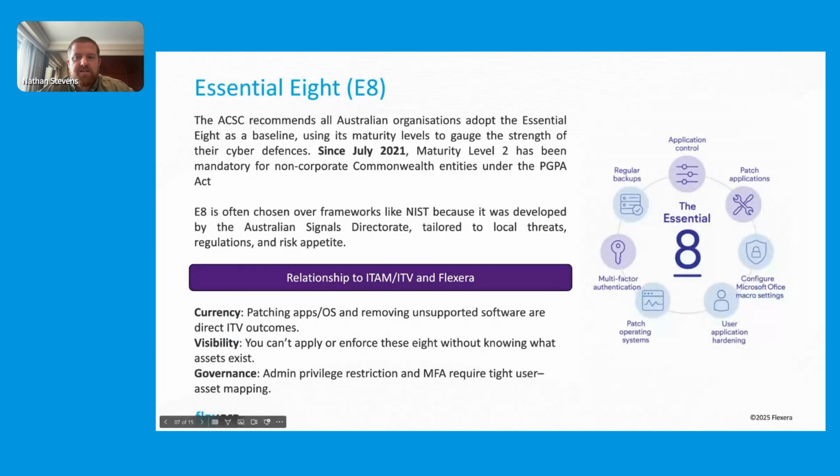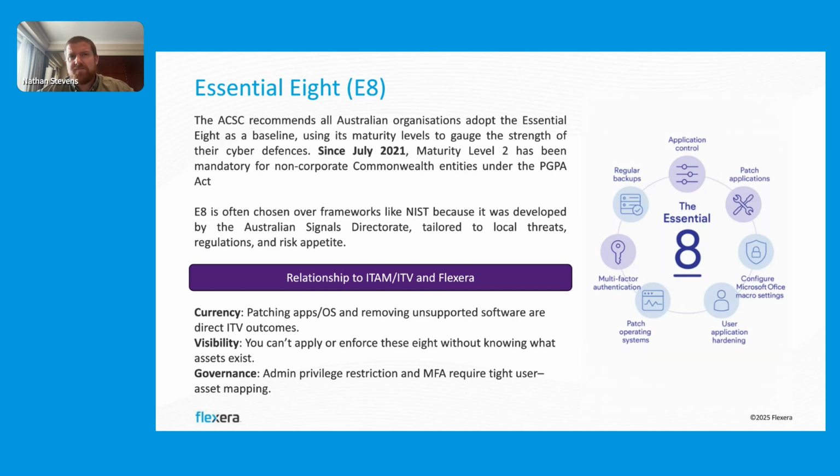Next one, when we start to look at Essential 8, so this is one I believe most of the Australian companies on this call today will actually have heard of and maybe be wondering about how to implement within their own environments. This is from the Australian Signals Directorate as a part of their Australian Cyber Security Centre.